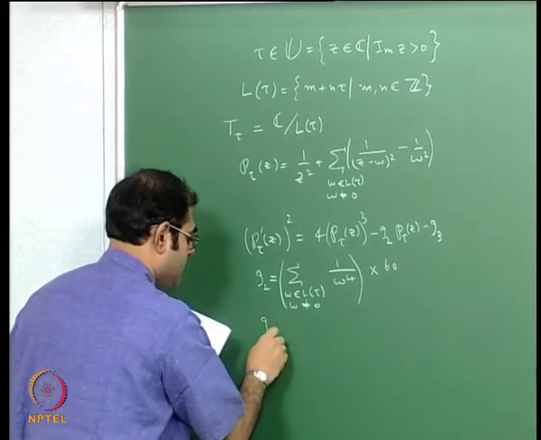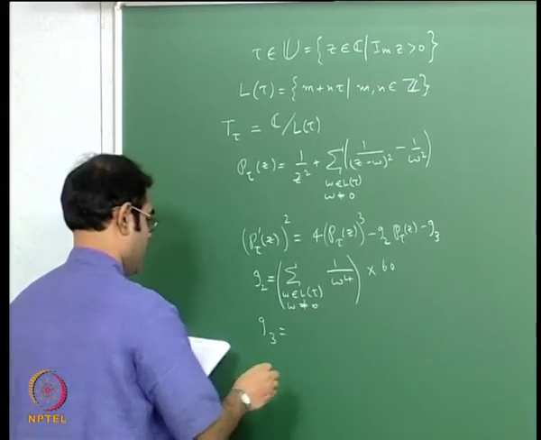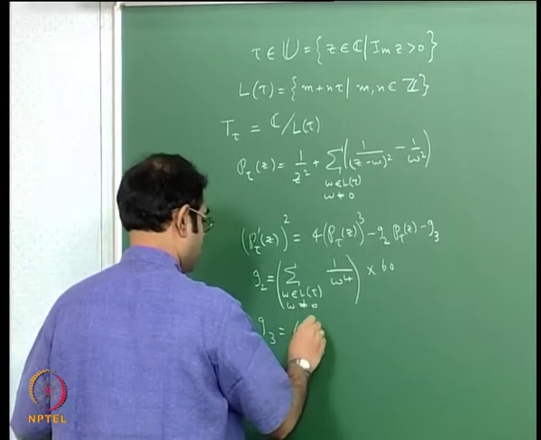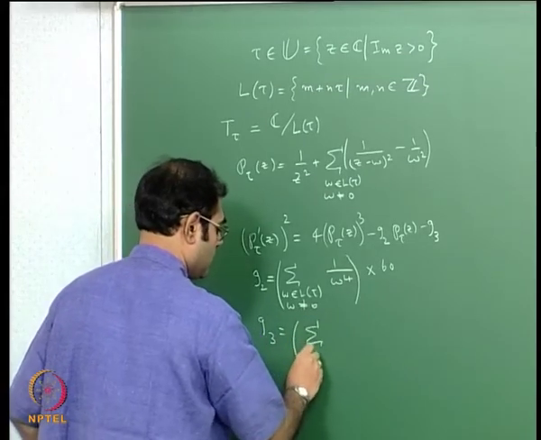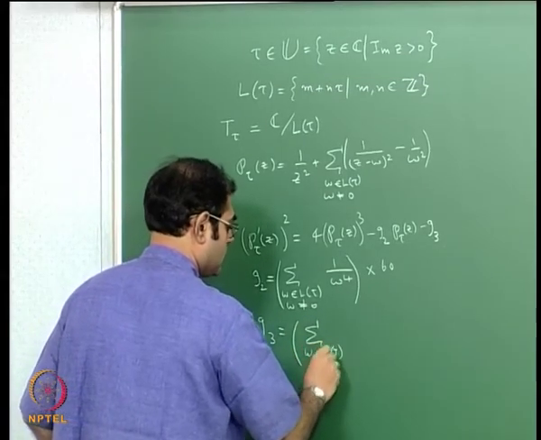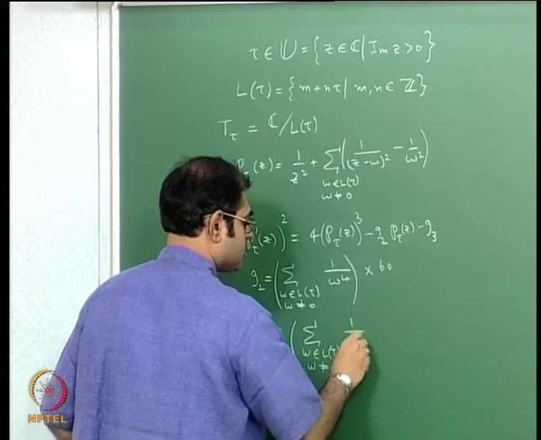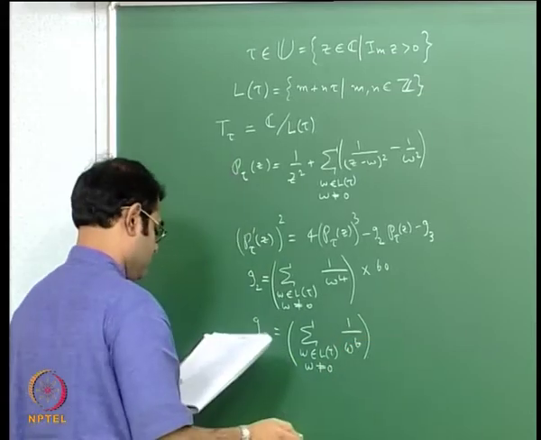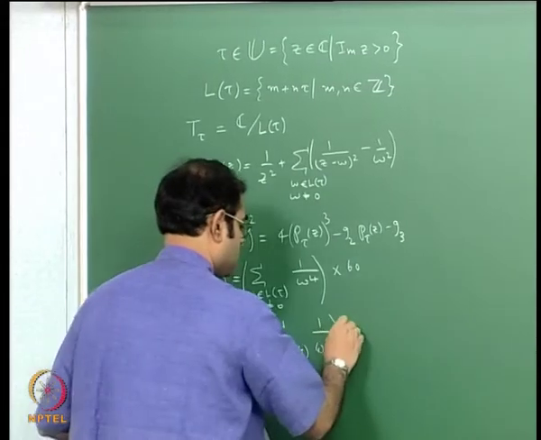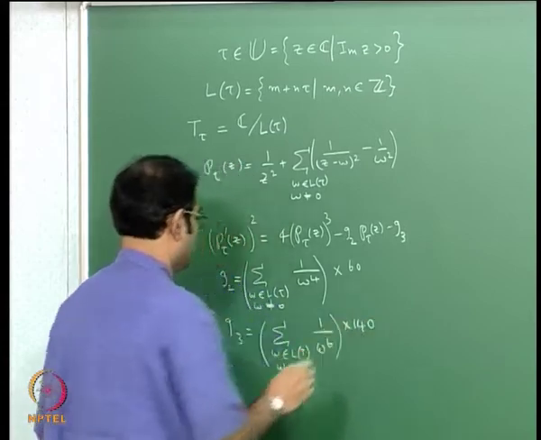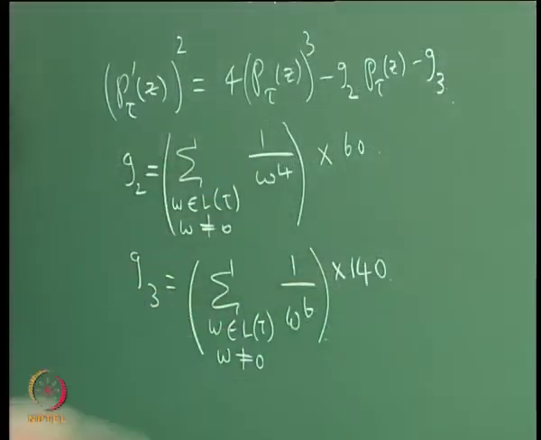And g3 is the summation over omega in the lattice, omega not equal to 0, of 1 by omega power 6, times 140. These were the constants that we got.